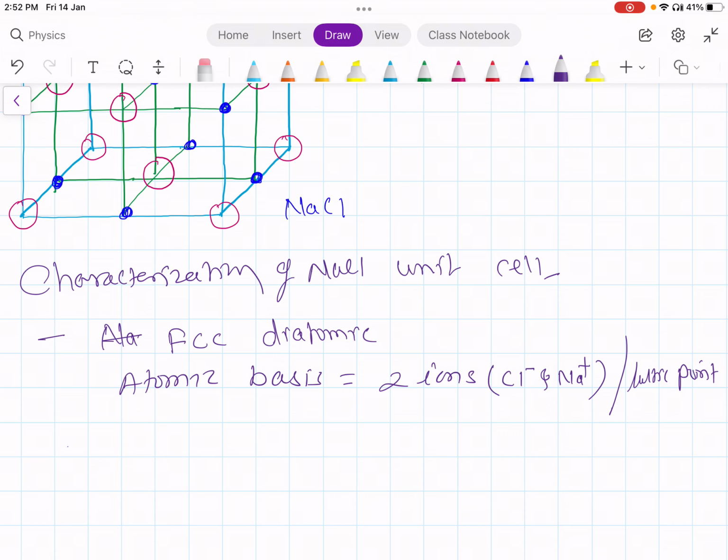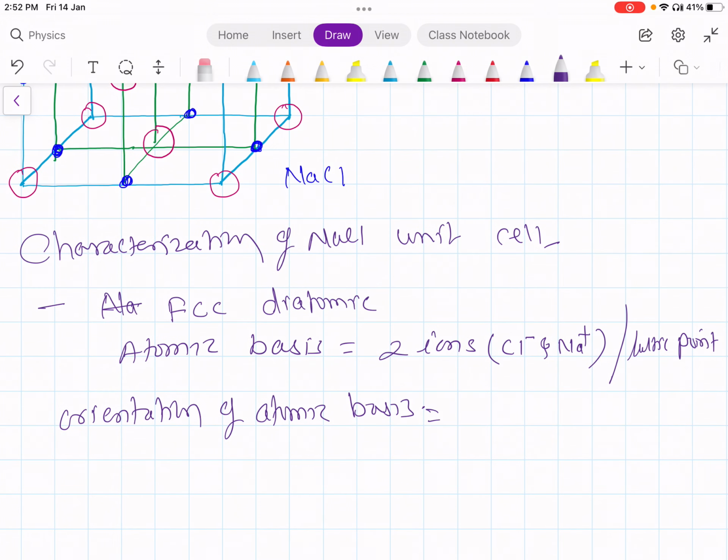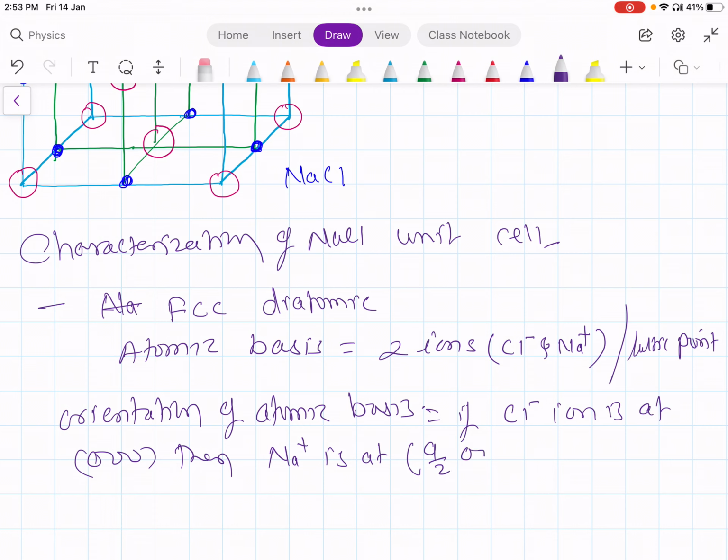And if there is an atomic basis, we have to state the orientation of atomic basis. Orientation of atomic basis is, if chlorine ion is at 0, 0, 0, then sodium ion is at A by 2, 0, 0, or vice versa.